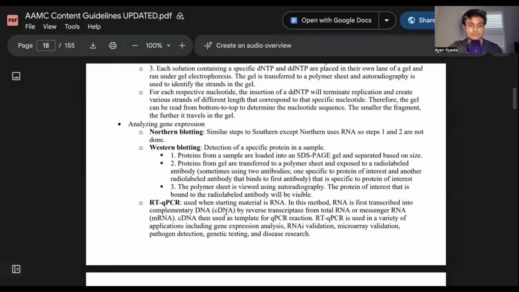Now you can use the cDNA as the template for the PCR reaction, because PCR doesn't just directly work on RNA. It needs a starting DNA molecule for it to proceed. And then, based on how many bands are visualized or the density of the bands, we can then determine how much a gene is being expressed.